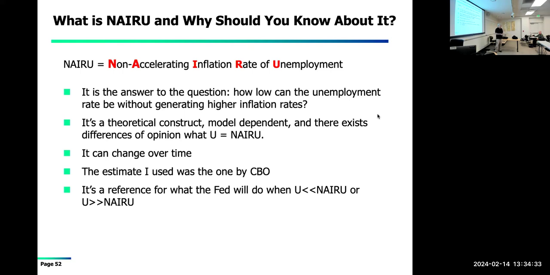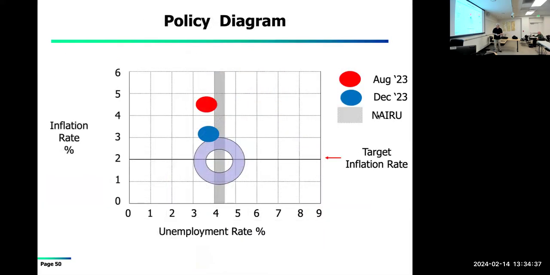Okay, so optimal policy, believe it or not, going back to this diagram, what this gray area is really about is, based on what we know and what we can measure, what is the unemployment rate that is consistent with the inflation rate not changing.